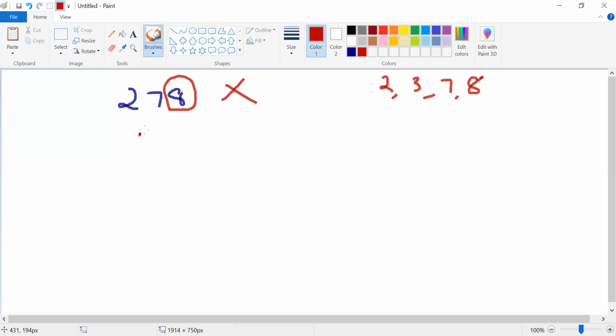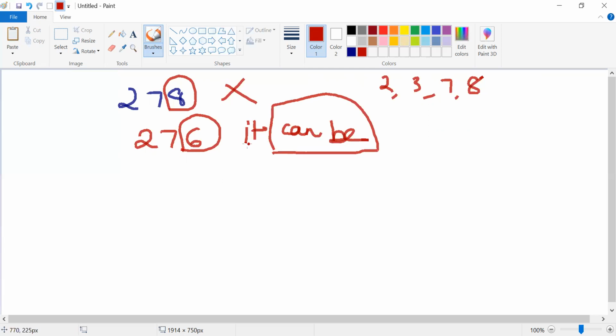But if I write a number like 276, it is ending in 6. So you can say it may be or it can be a square. You cannot say it is a square number. That is not possible. We have to find out; that is another method that we will learn later. But we can say it can be a square number, but not sure.